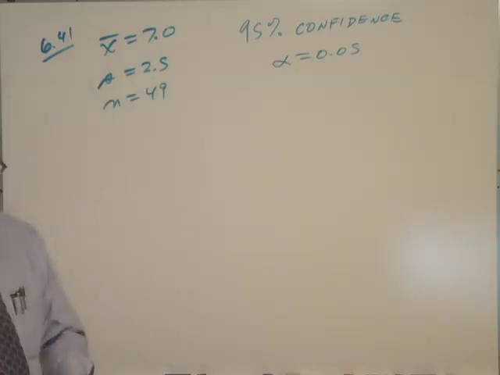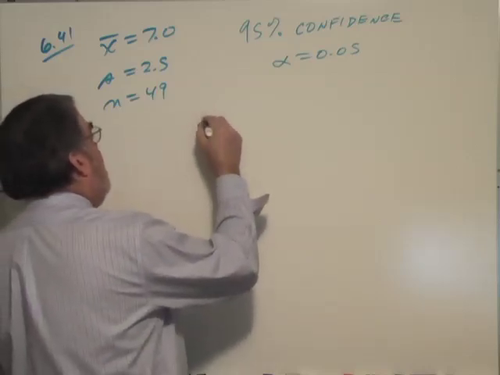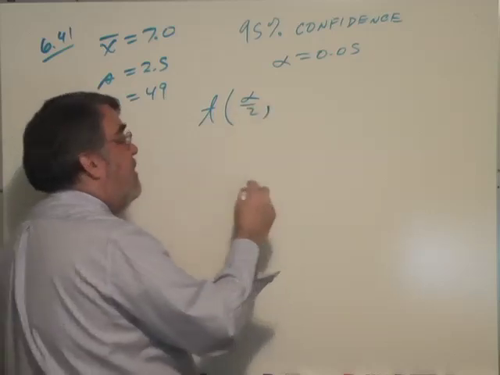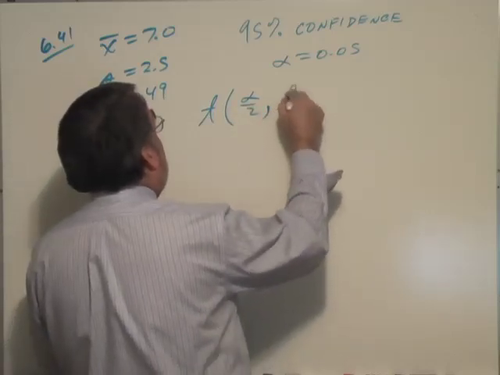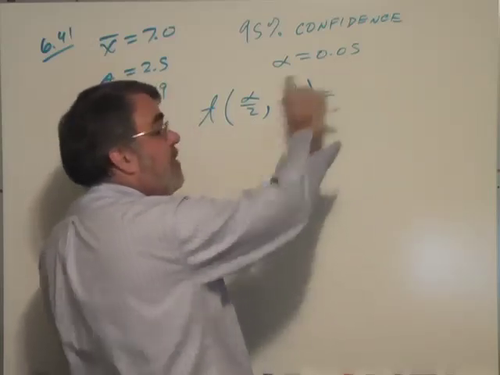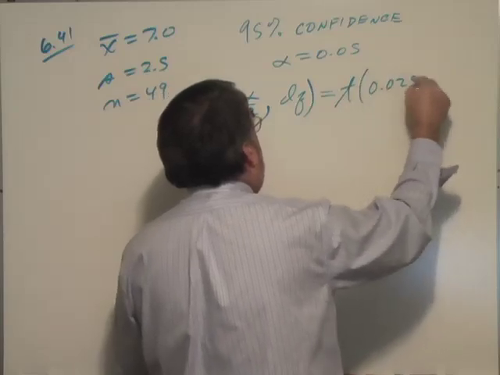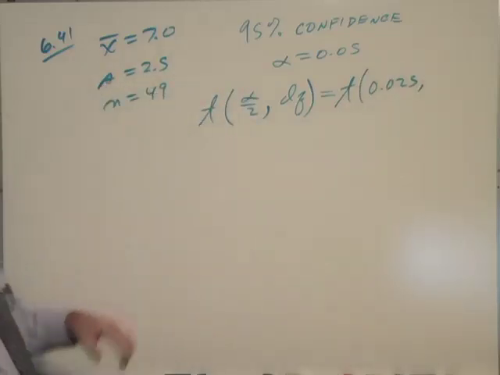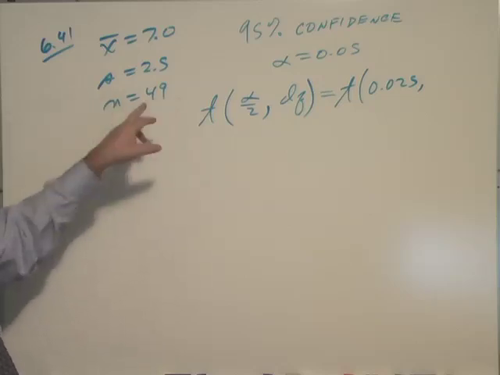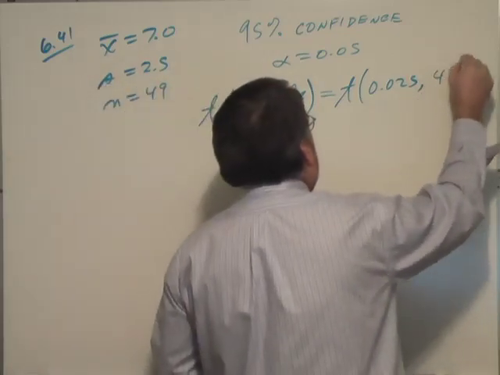All right, so our first thing to do is to calculate the t-score based upon alpha over 2, probability, and the degrees of freedom. In this case, again, half of 0.05 is 0.025, and the degrees of freedom, one less than the sample size for this type of problem, is going to be 48. 49 minus 1, 48 degrees of freedom.